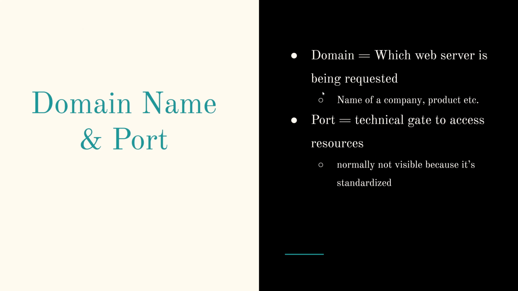So when you type in apple.com, it means that you are selecting the Apple web server and you'll be brought to their homepage. And again, the port information refers to the technical gate access. That isn't something that's usually visible or anything that you really need to worry about for everyday use.